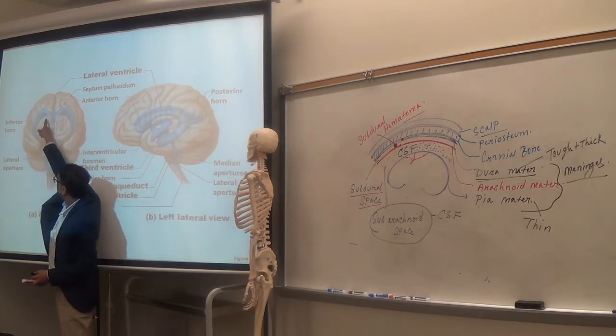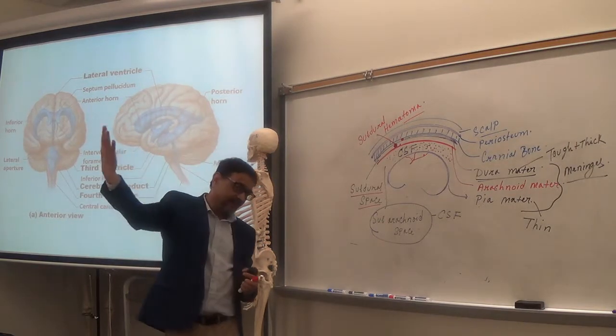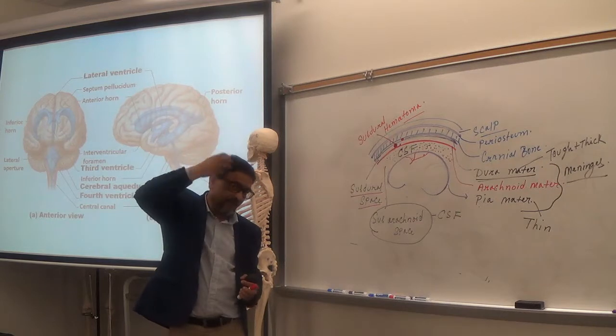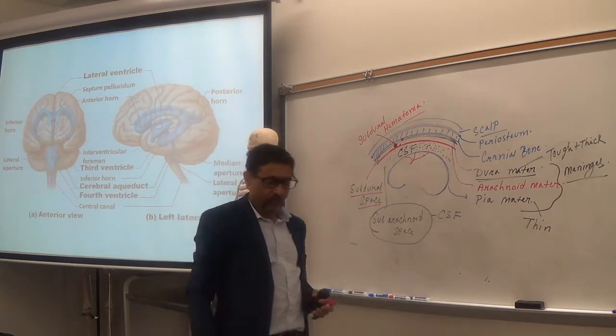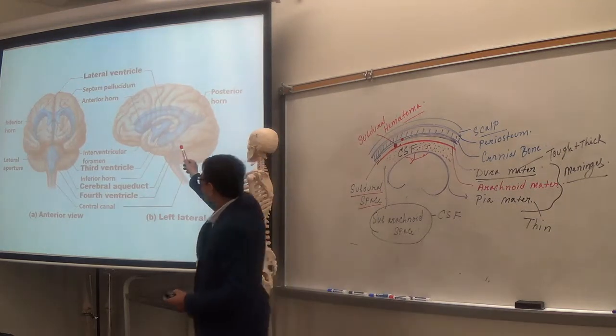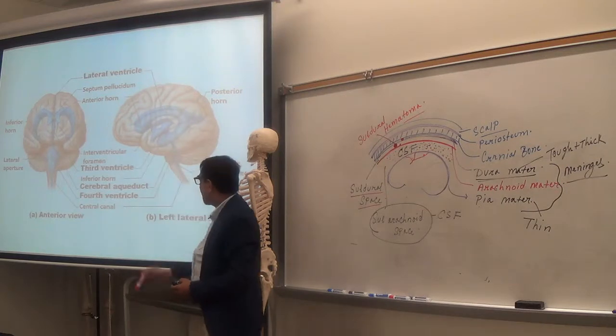So 1, 2, 3, 4. Now, if you look from the side this way, the ventricles are like this. This is lateral ventricle 1. This is another one. So 2 lateral ventricles. This is the third ventricle, and this is the fourth ventricle here.